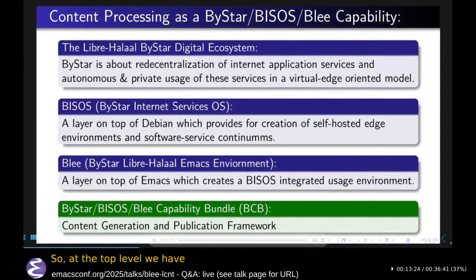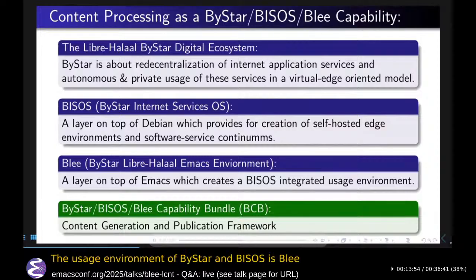So at the top level, we have our own autonomy and privacy-directed digital ecosystem, which in contrast to the center-oriented American digital ecosystem is edge-oriented. We call it the Liber Halal ByStar digital ecosystem. All the systems in ByStar run BySOS, ByStar Internet Services OS, which is a layer on top of Debian.